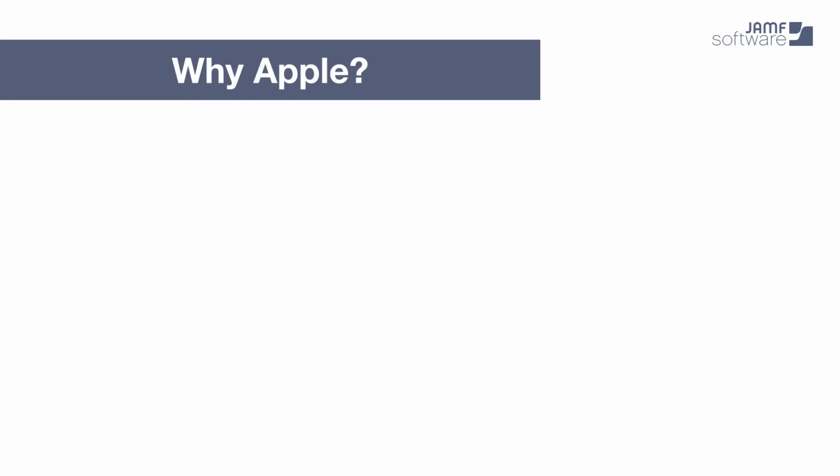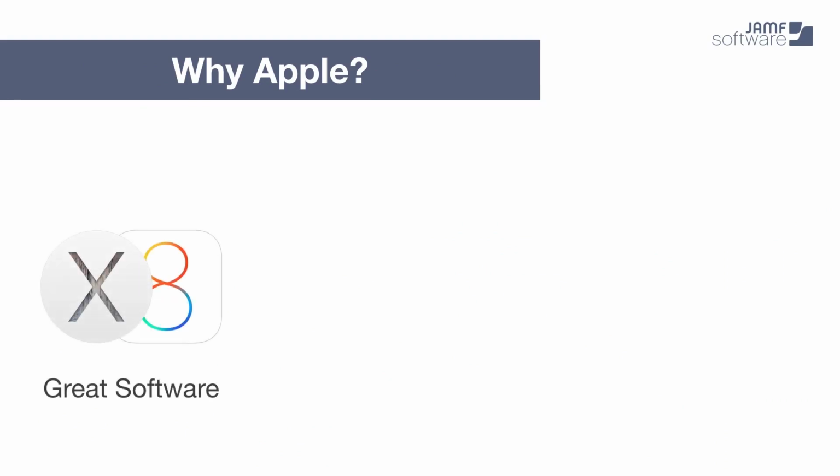So why are people choosing Apple products? Well, it's a few different reasons. First off, Apple makes some really great software. OS X and iOS are just world-class operating systems that are very secure. They do multitasking extremely well, and there's a lot of apps that run on there.